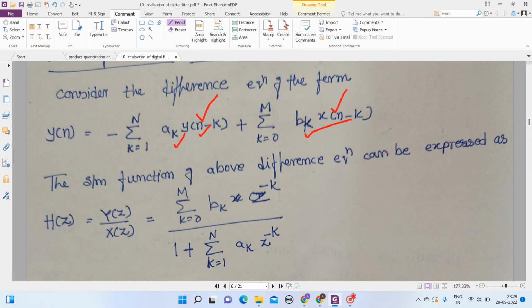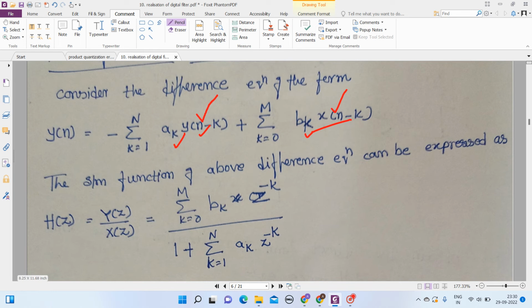In order to convert time domain signal to frequency domain in the continuous system, we will use Laplace transform, right? But here we are discussing discrete time system. So in order to convert discrete time system to frequency domain system, we will use Z transform, right?